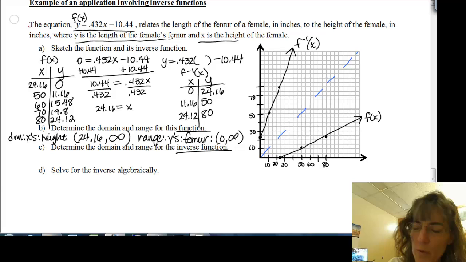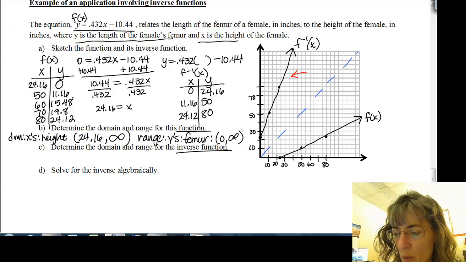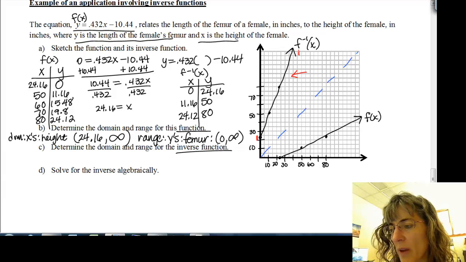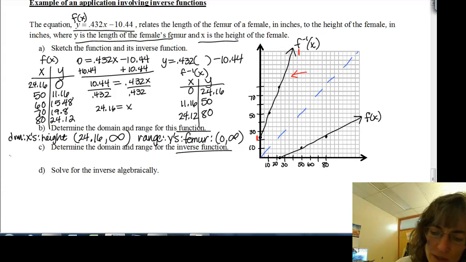Okay, now thinking about the inverse. So now we're looking at this graph, and if we're doing the domain, remember going left to right, and we have a value here at 0, and then all the way it looks like we can go to infinity.